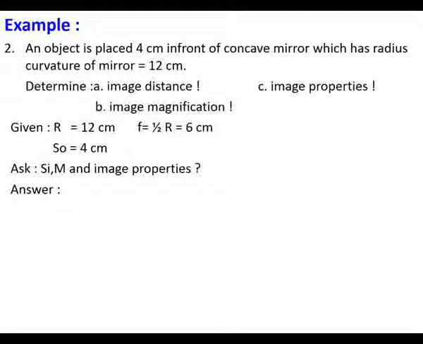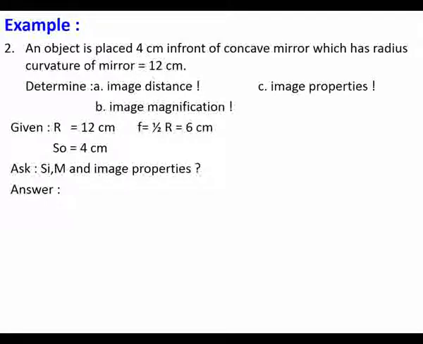Example number 2. An object is placed 4 cm in front of a concave mirror which has a radius of curvature of 12 cm. Determine A. Image distance SI, B. Image magnification M, and C. Image properties. From the problem, R is given as positive 12 cm because the mirror is a concave mirror.